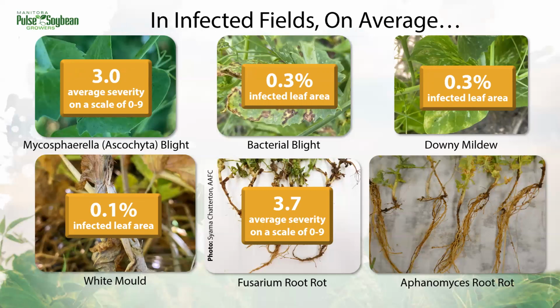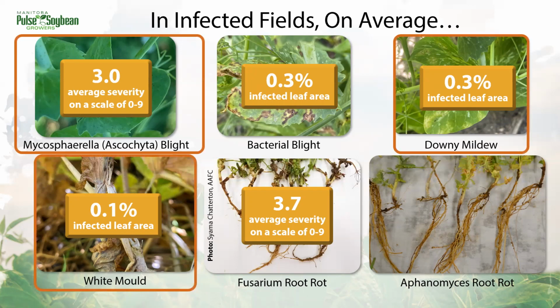For bacterial blight and downy mildew, on average 0.3% of the leaf area was infected, so pretty low, and 0.1% for white mold. Foliar diseases that are controlled by a fungicide include Mycosphaerella, downy mildew, and white mold. And you can see from the severity and frequency of these diseases that it's really Mycosphaerella blight that we're targeting with our fungicide applications.